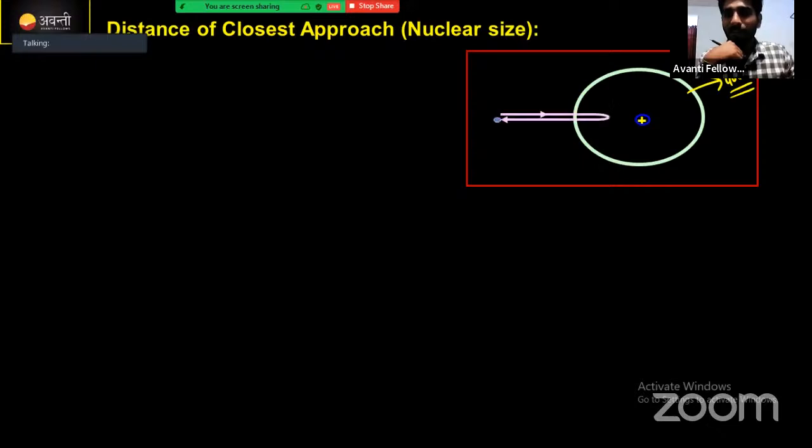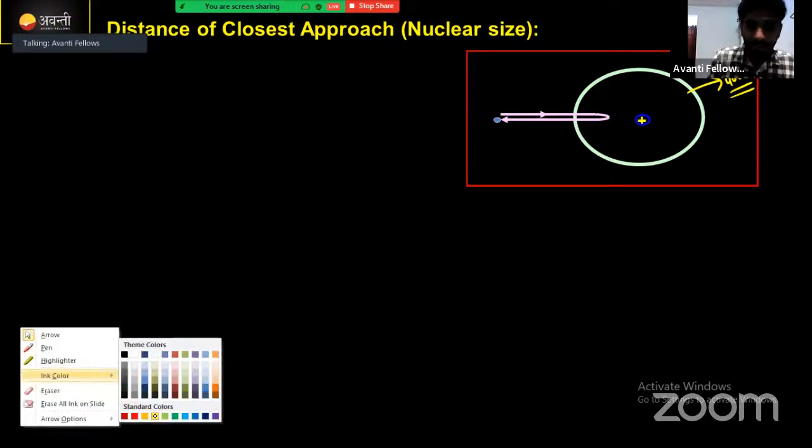Here, when an alpha particle approaches the nucleus exactly along the line of the nucleus, it will move in this direction and it will be returned back. Observe here once again. It has not even touched the nucleus.